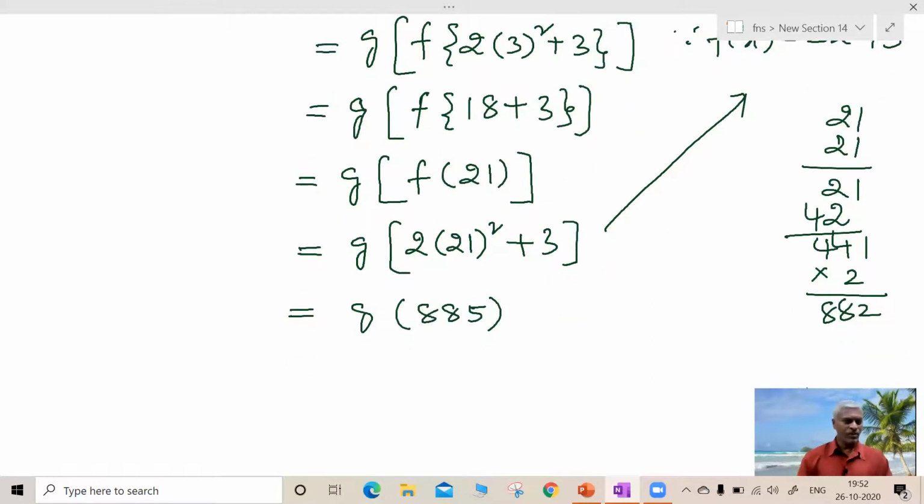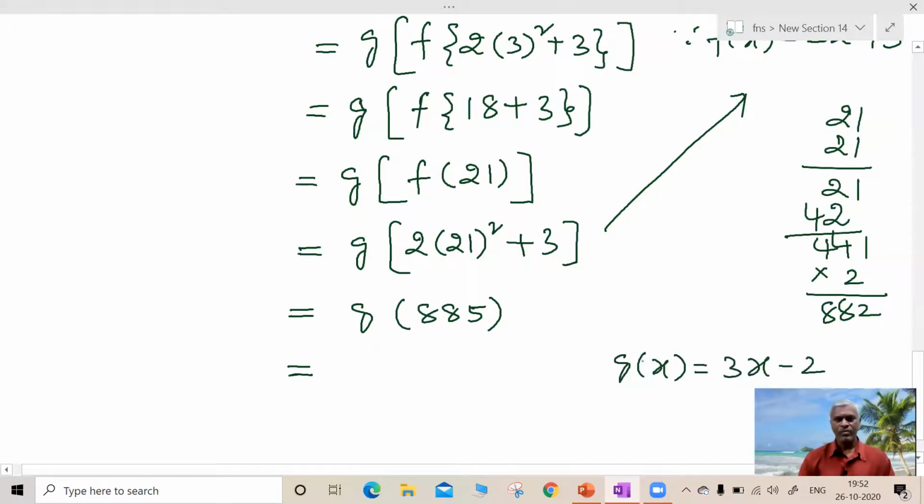G of 885. So this is purely g function, and writing 885 in place of x, that is g of x is equal to 3x minus 2. So in place of x, write 885: 3 into 885 minus 2.